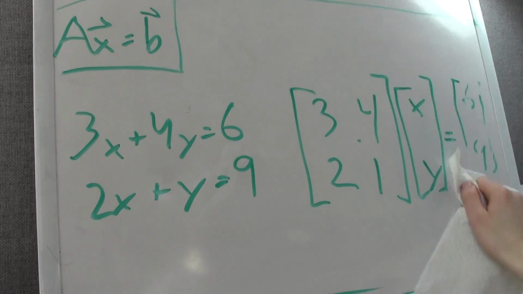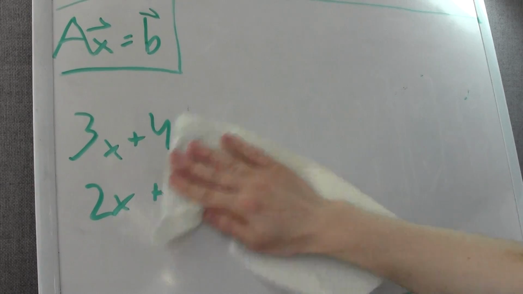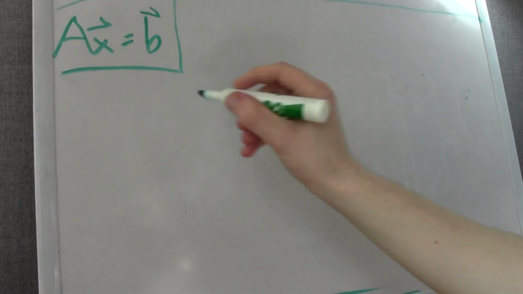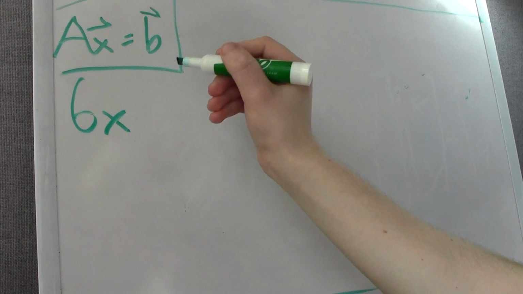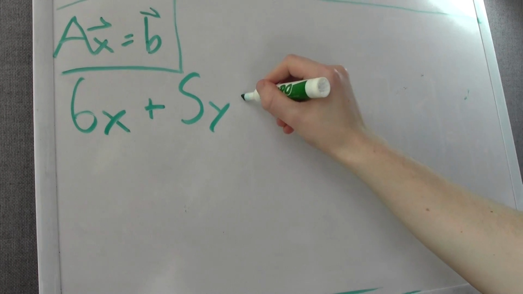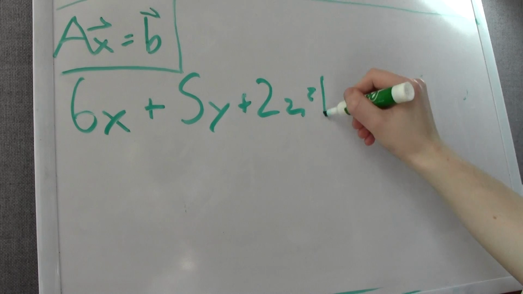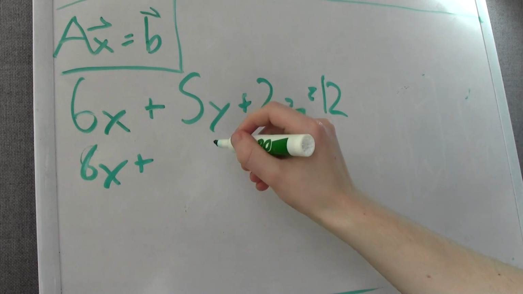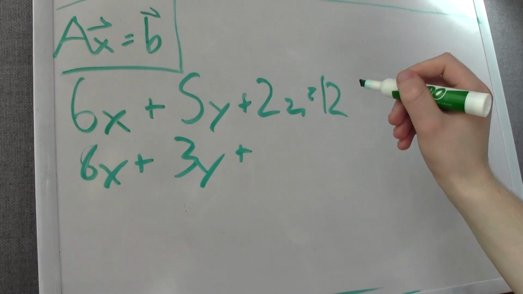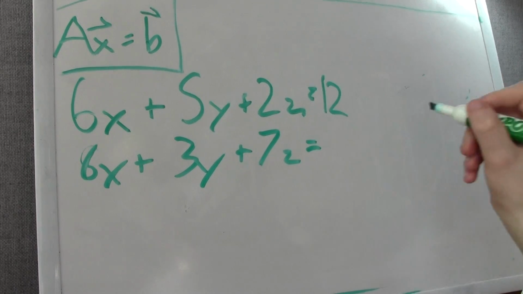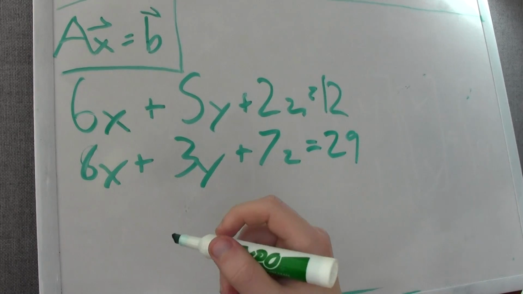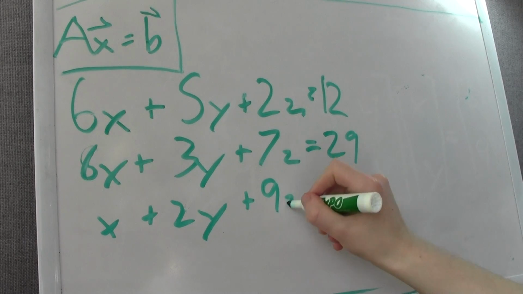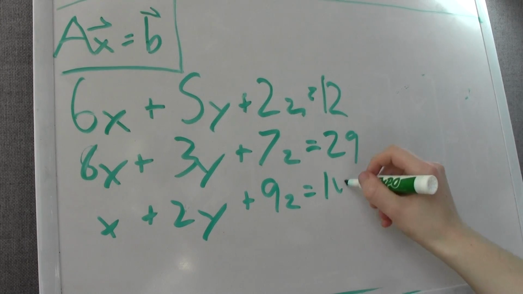Now, the same thing works for bigger matrices too, or bigger sets of equations. We only had 2 there, so let's try one with 3. So, something like 6x plus 5y plus 2z equals 12, 8x plus 3y plus 7z equals 29, and x plus 2y plus 9z equals 14.